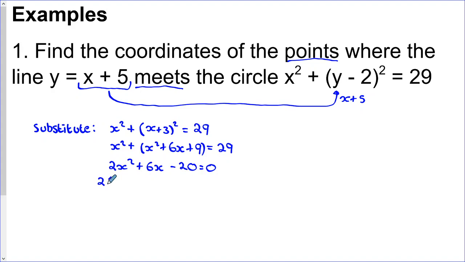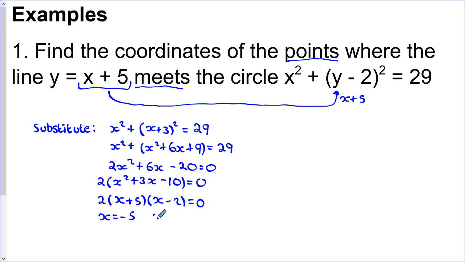And we could divide by 2 or factorise it out, either way, to get us a simpler quadratic to factorise. So in the brackets we get x plus 5 and x take 2. So two solutions, x equals minus 5 and x equals 2.